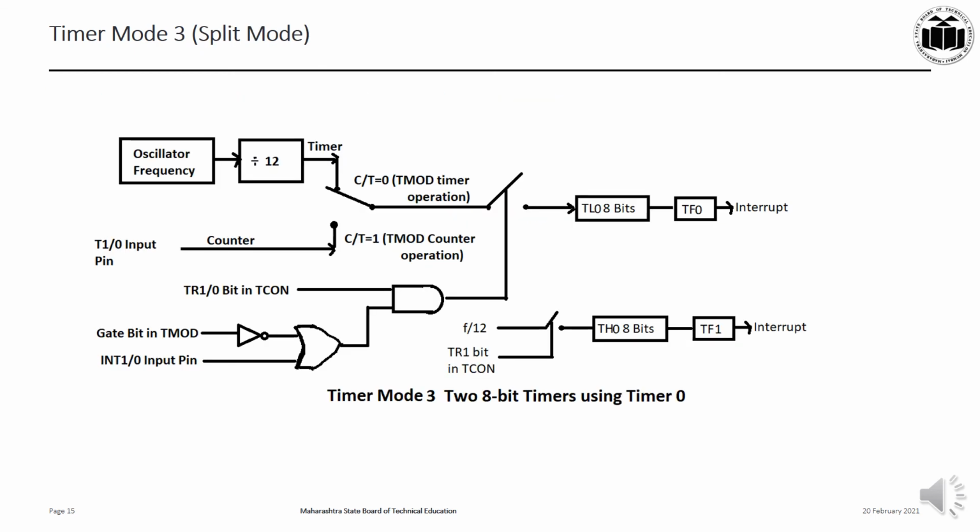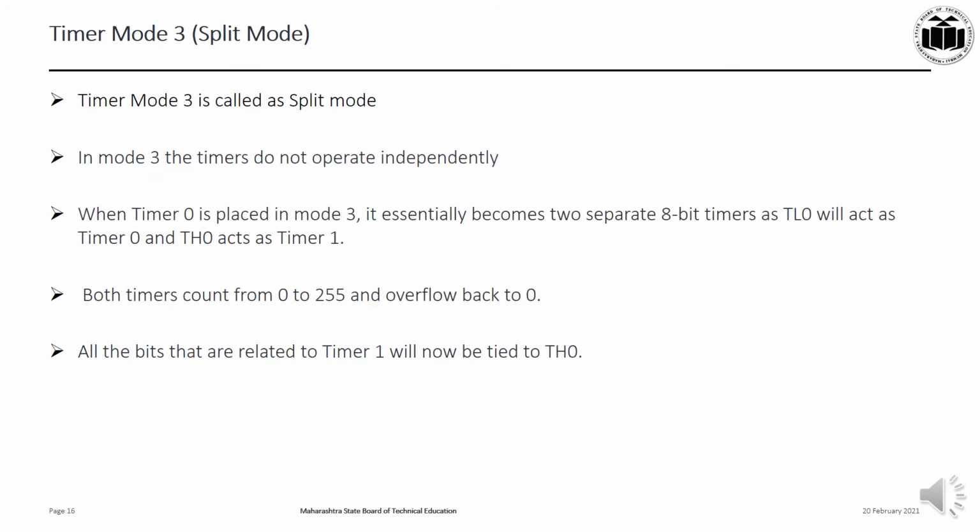This is the last operating mode of the timer, timer mode 3, which is also called split mode. In this mode, we are using two separate 8-bit registers, so it is called split mode. In mode 3, the timers do not operate independently.